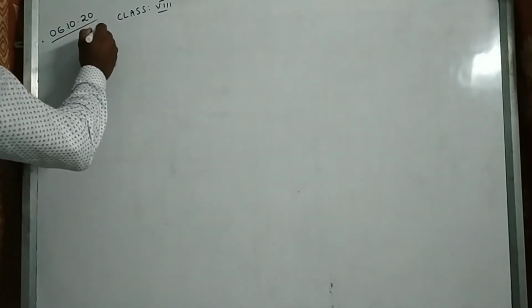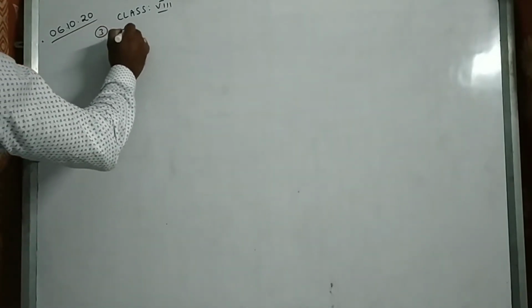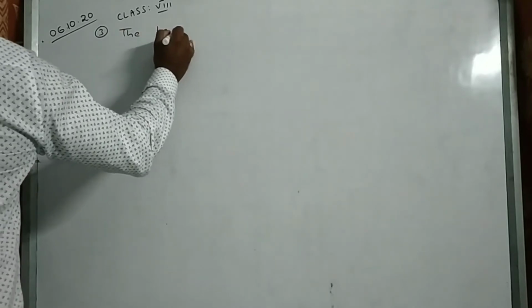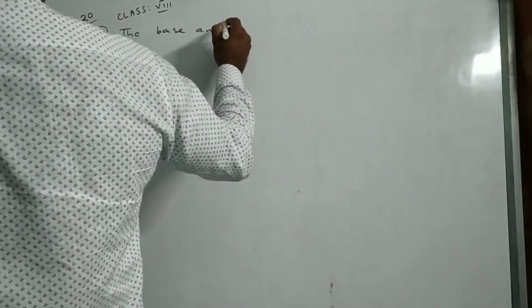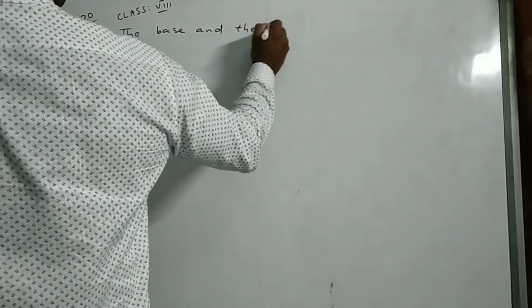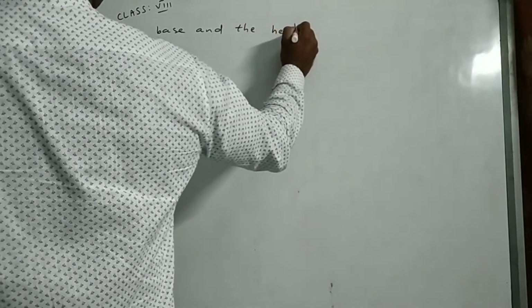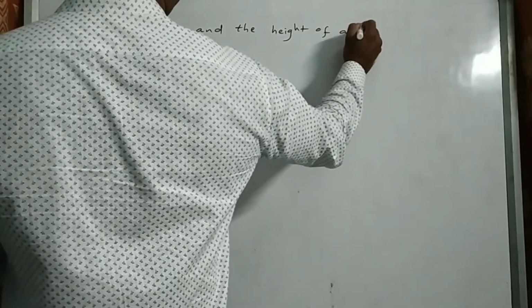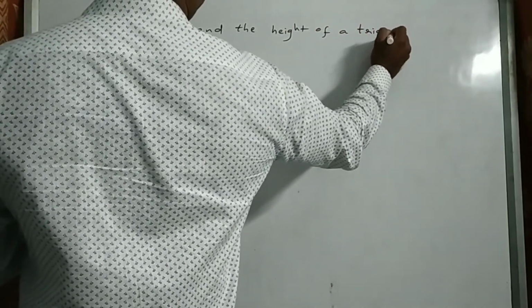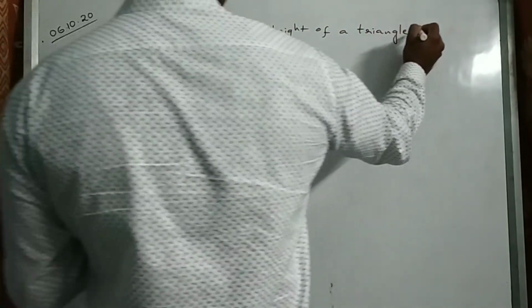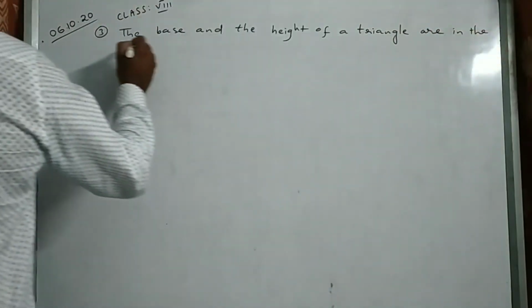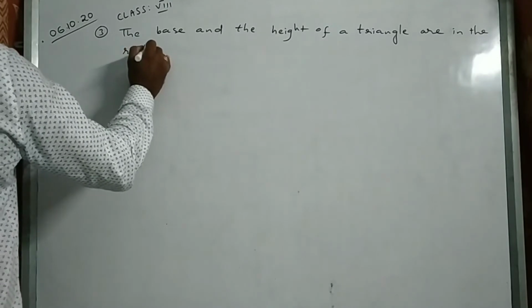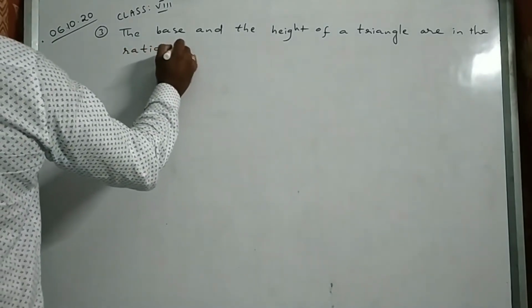The base and height of a triangle are in the ratio, third problem. The base and the height of a triangle are in the ratio 5:3.